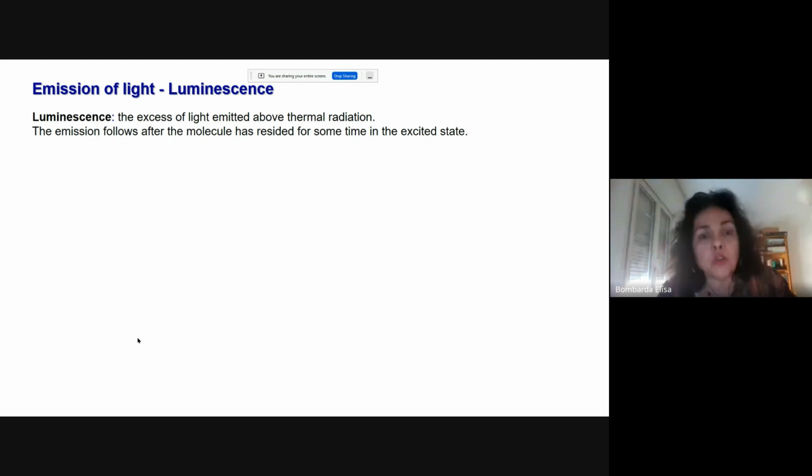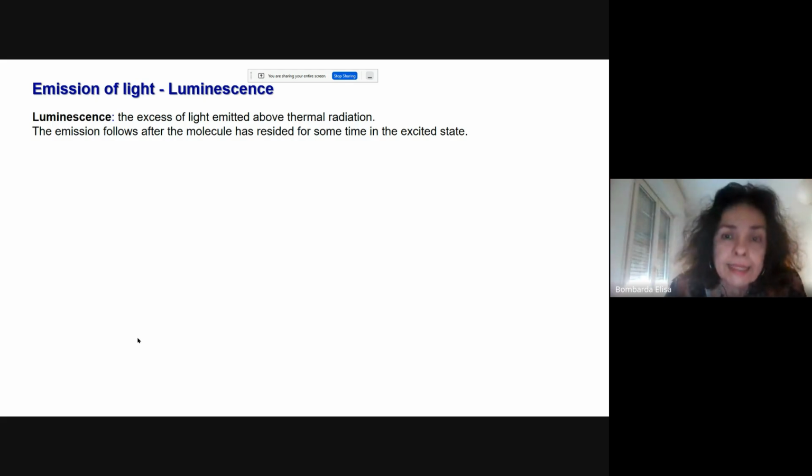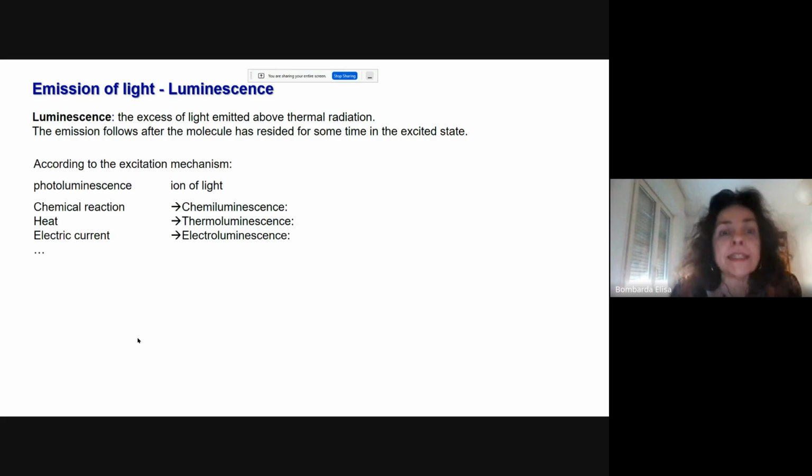So then we need to excite our molecule, or atom also. And then the atom or the molecule will release the energy, and part of it will be light. According to the excitation mechanism, we can define several types of luminescence.